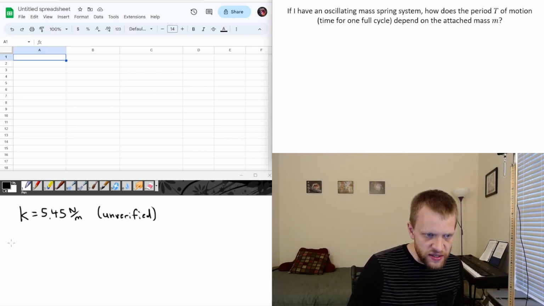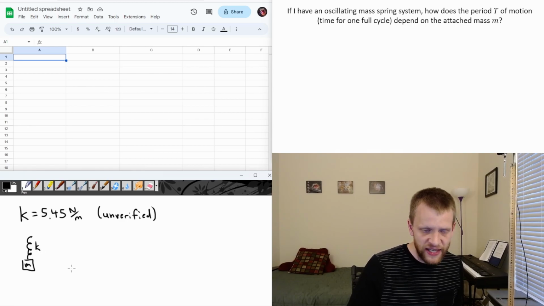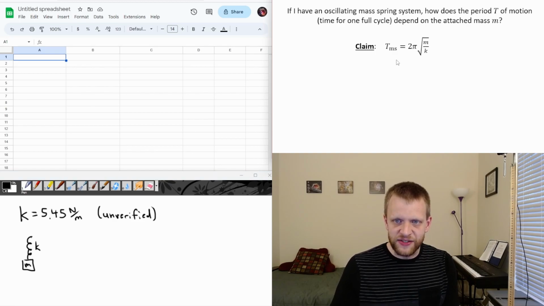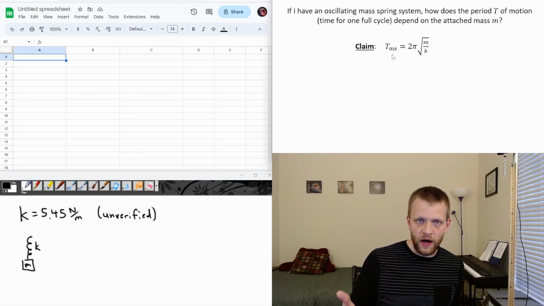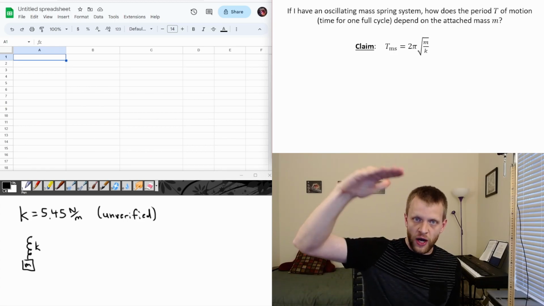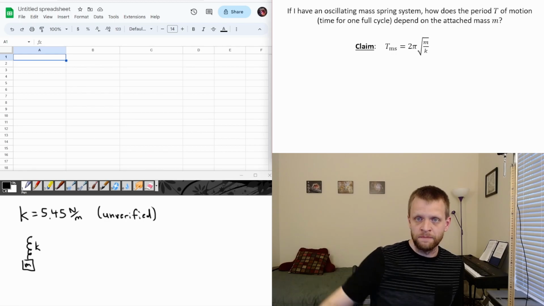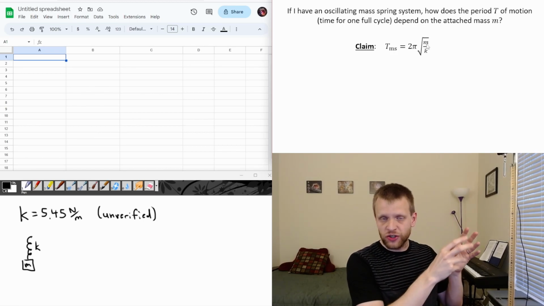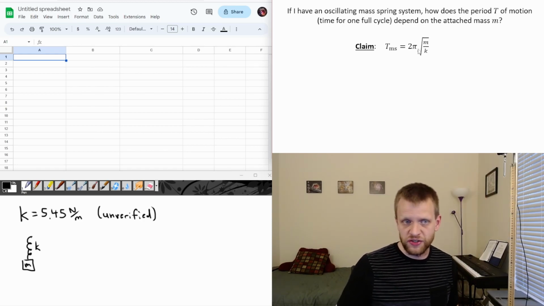The basic idea here is that if I have some mass m attached to a spring with a spring constant of k, then the claim is that the period of this mass spring system, the time it takes to go through one full top to bottom, back to top oscillation, the time it takes for each cycle, depends on the mass in this particular way: 2 pi times the square root of the mass that's attached divided by the spring constant.